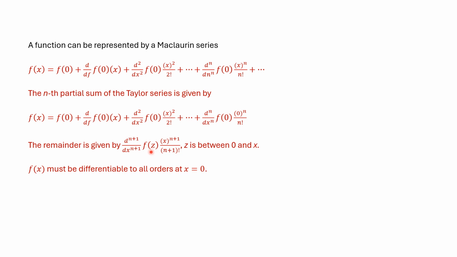The last example was c and x, and we get the n plus first. Everything looks like the n plus first term except this. The function is going to be somewhere in the interval of convergence. So f of x must be differentiable to all orders at x equals 0.